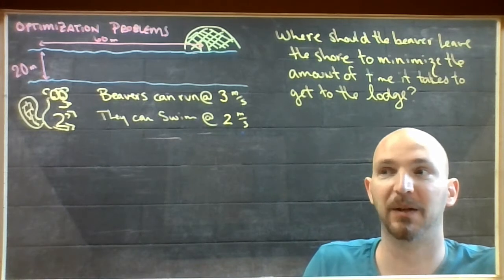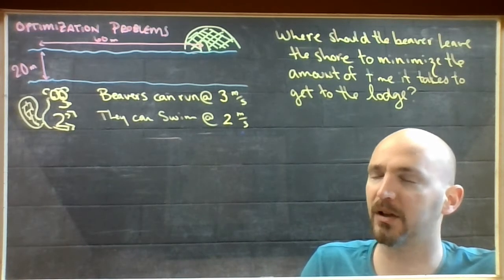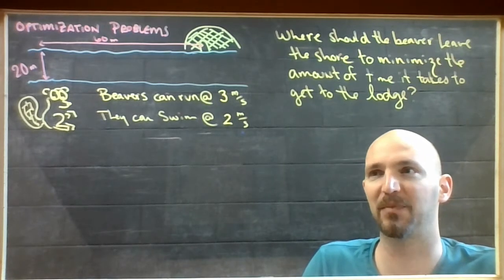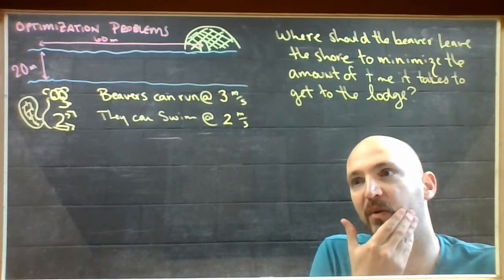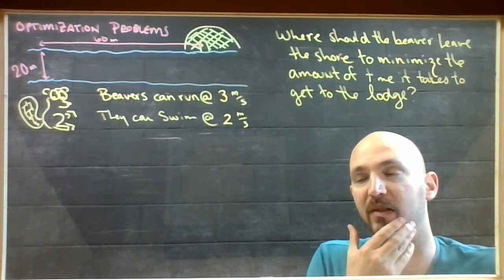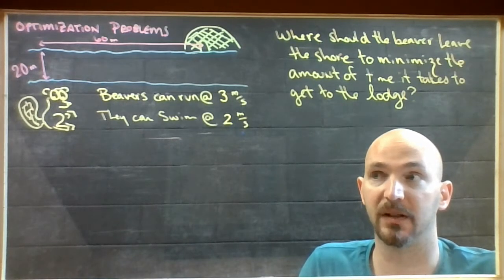Now that's the mechanics of this particular question, and not all of you are beaver scientists, so perhaps this seems a bit odd, but this is really just a physics problem with some calculus thrown in. So we just need to work out the geometry, and we should be able to do this.